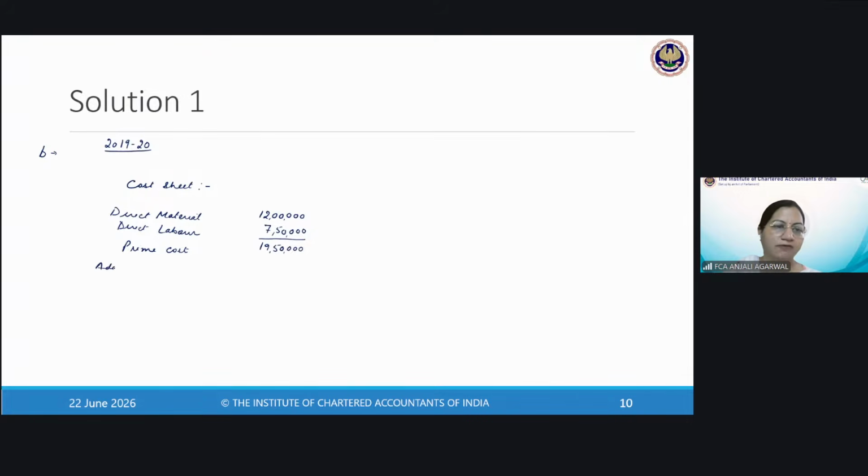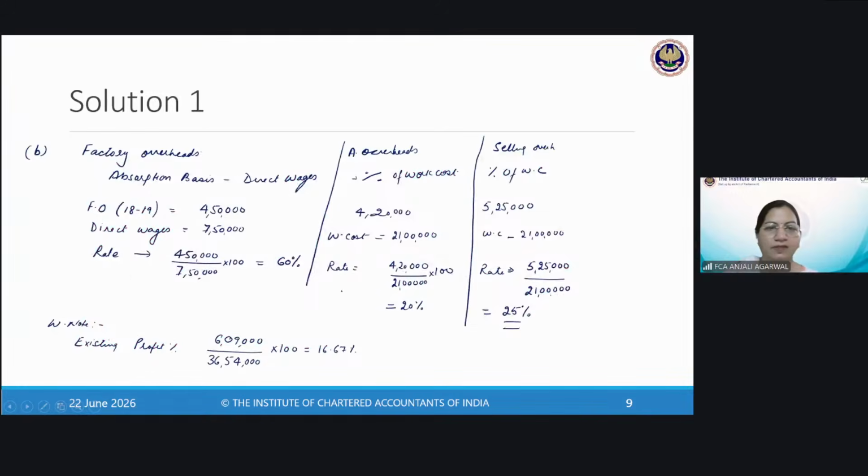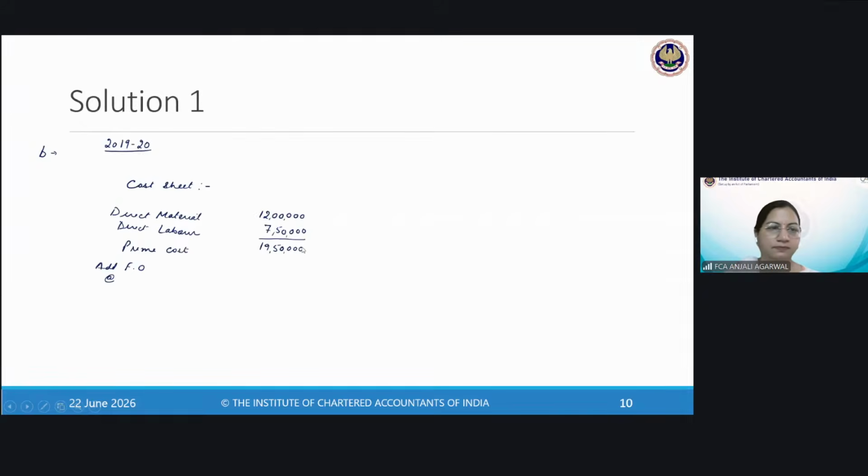Add to this factory overheads. I'm just writing FO for factory overheads at the rate of 60% of direct wages. So 7,50,000 was the earlier also. The wages were same, and 60% of 7,50,000 would be 4,50,000.